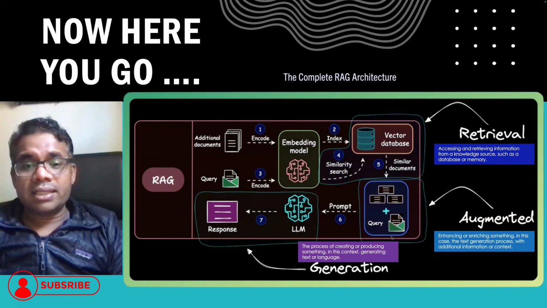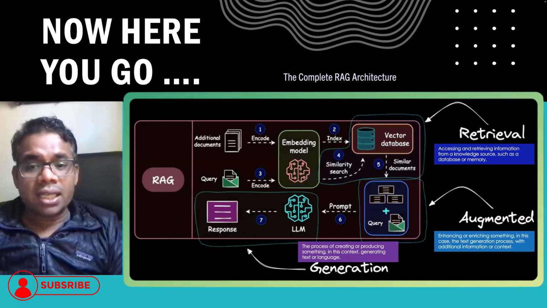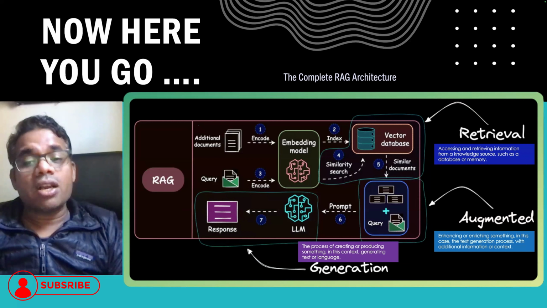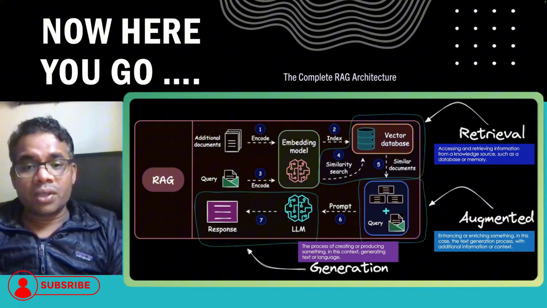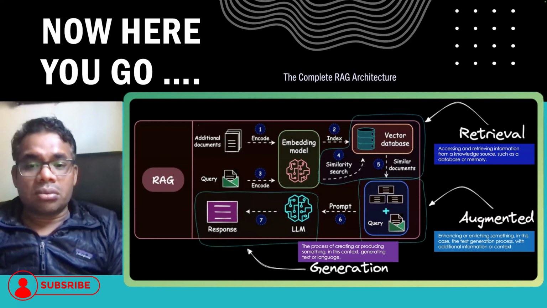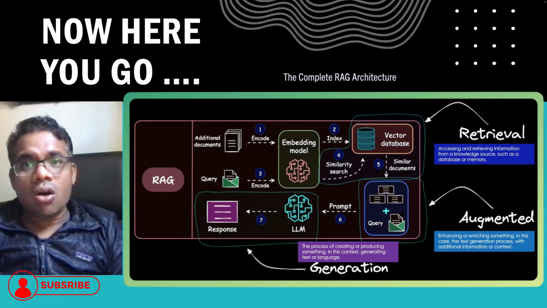And then what exactly is generation? Generation is nothing but the process of creating or producing something. In this context, it is the generation of text or language or the response.